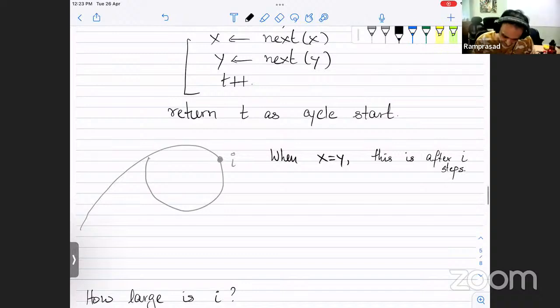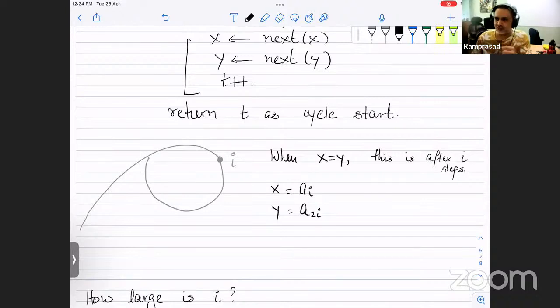So what do you know? You know that X is equal to A_i, and because the hare moves twice as fast as the tortoise, Y is going to be equal to A_{2i}, because that's how many times the hare would have moved.